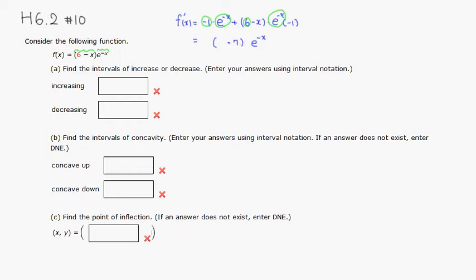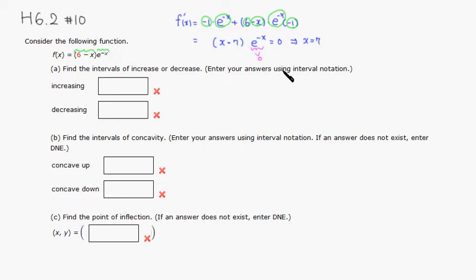Then you have a negative x, so that's going to be positive x. So you have x minus 7 here. Set that equal to 0, and you can see that the exponential function is always positive, so the only way we can make that 0 is x equals 7.